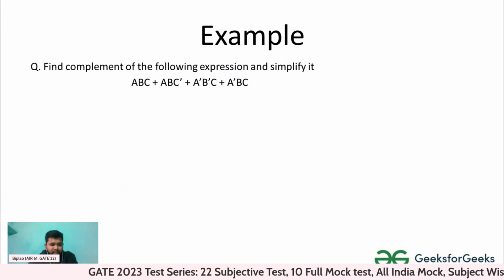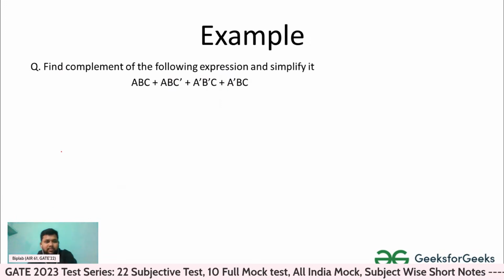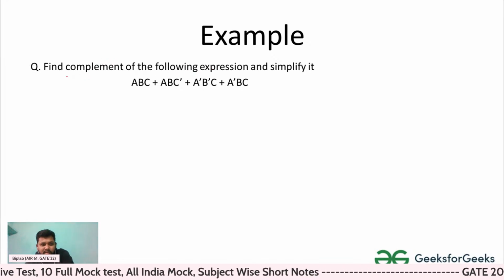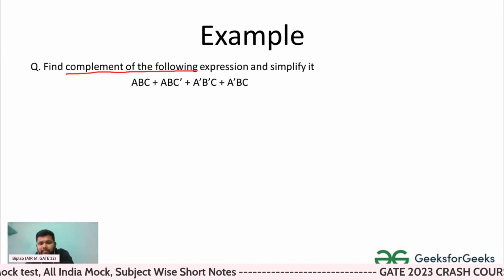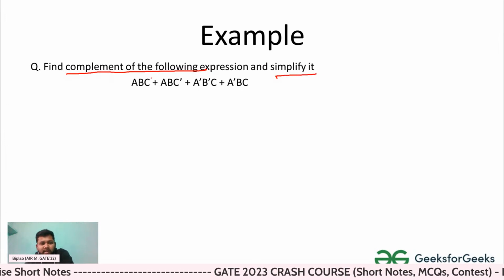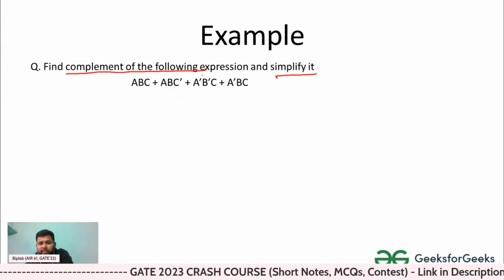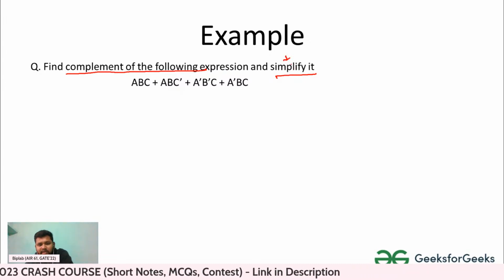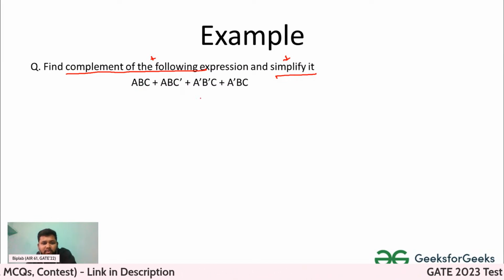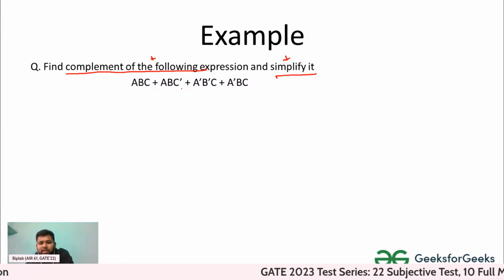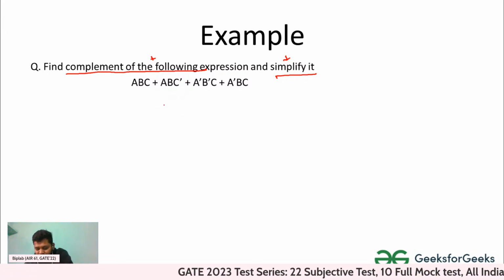So let's do this one. What they are saying is to find the complement of the following expression and simplify it. They are asking you to first complement and then simplify, but you can do it in reverse. First simplify it, then complement, because if you complement here it will be a bigger equation, and after applying De Morgan's it may be tougher to solve.